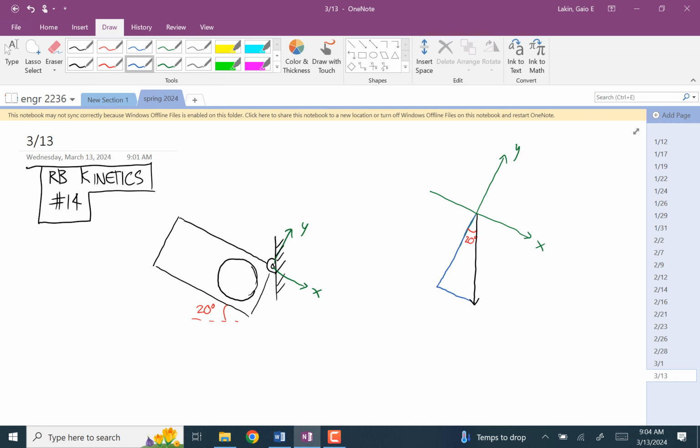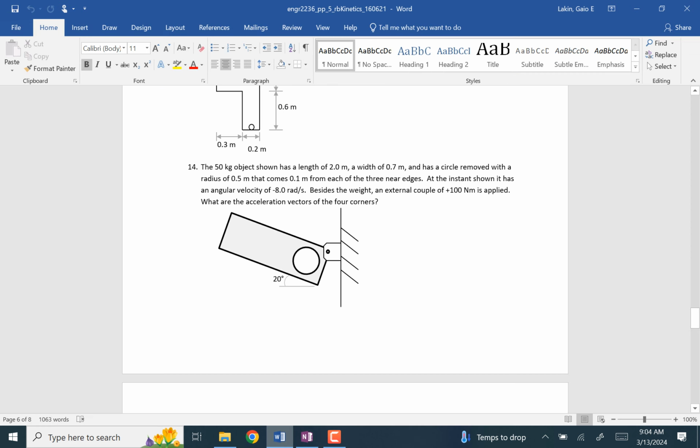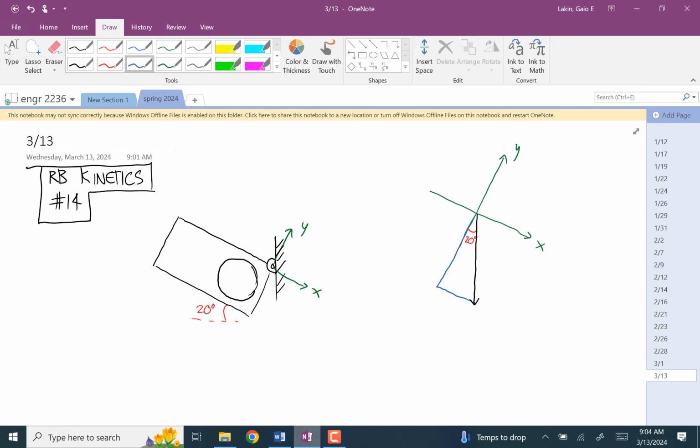This leg is going to be, well, what's the mass of this thing? 50 kilograms. Okay, so the weight is going to be 490.5. And this leg is going to be 490.5 sine of 20 degrees, and this is 490.5 cosine of 20 degrees. Okay.